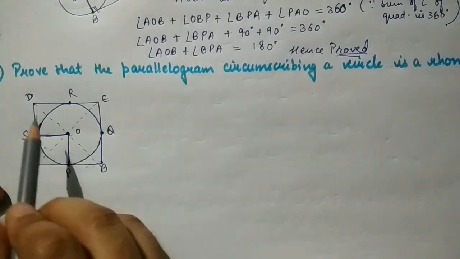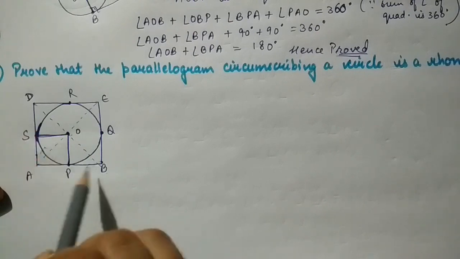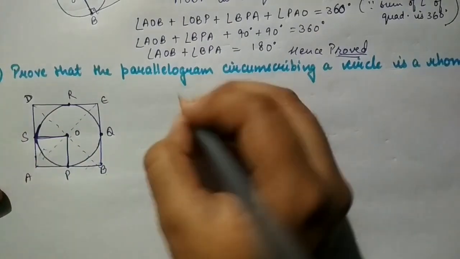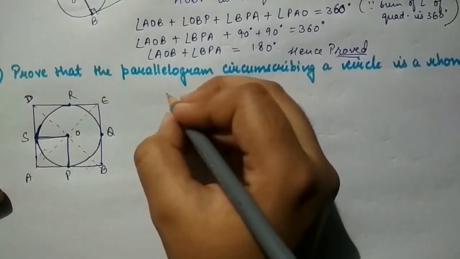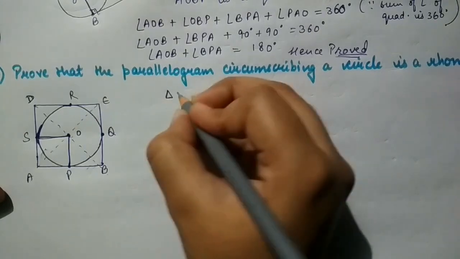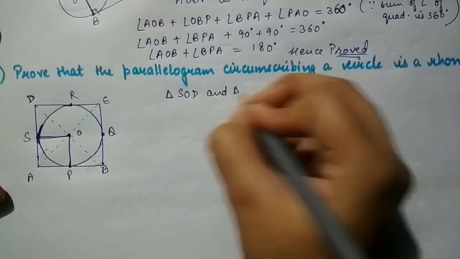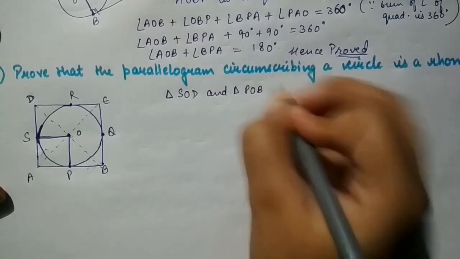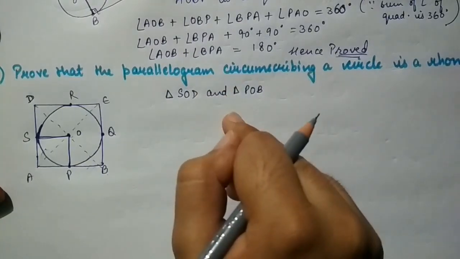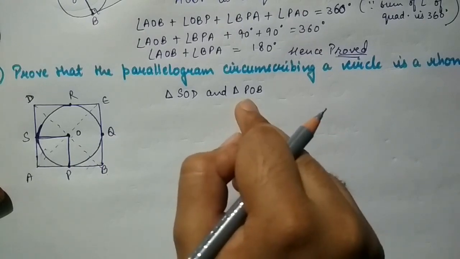When you do so, then you can prove the sides to be equal. See how? First of all, you will consider triangle SOD and triangle POB, and you will prove them to be congruent.